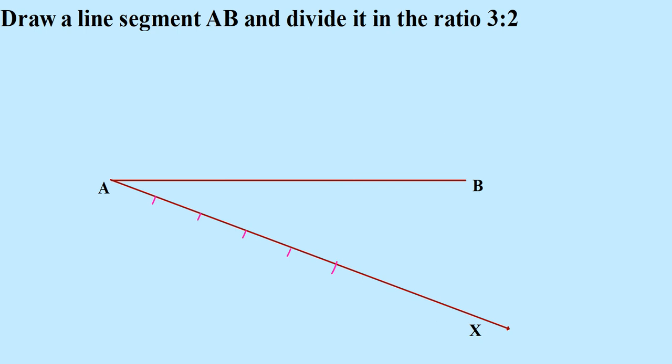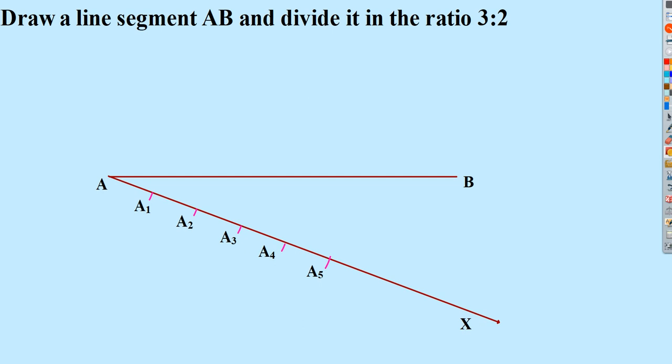Let me name them A1, A2, A3, A4 and A5. Here AA1 is equal to A1A2, A2A3, A3A4, A4A5. All the parts are equal.